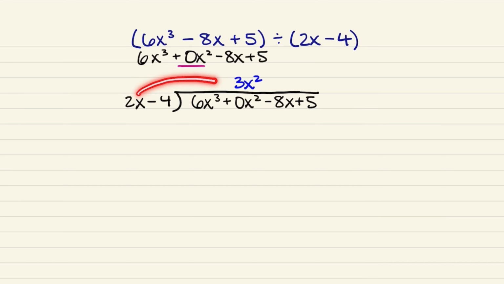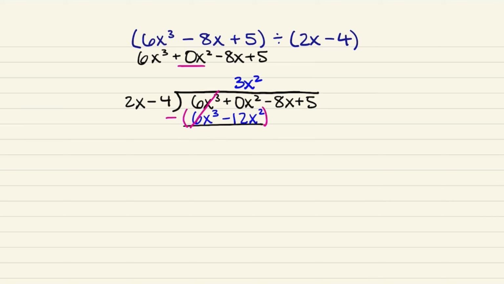2x times 3x squared is 6x cubed. Negative 4 times 3x squared is negative 12x squared. We subtract, put our parentheses and subtraction sign. 6x cubed minus 6x cubed cancels out.